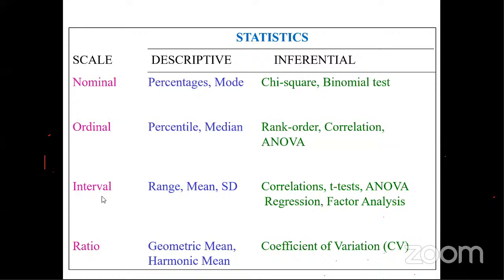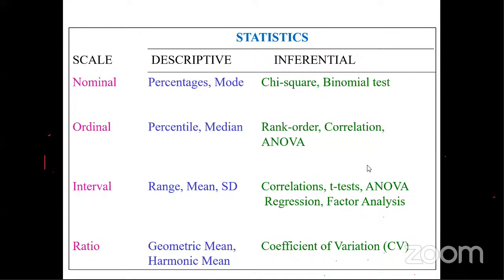Okay, when you are dealing with interval scale, range, mean, and standard deviation are the only possible things to describe the phenomena. Correlation we can do, t-test, ANOVA, regression, factor analysis we can do.